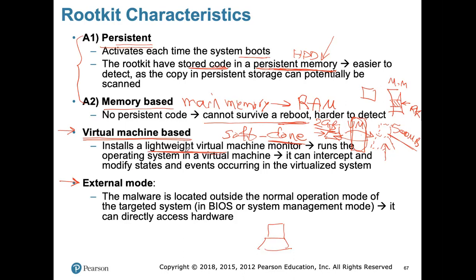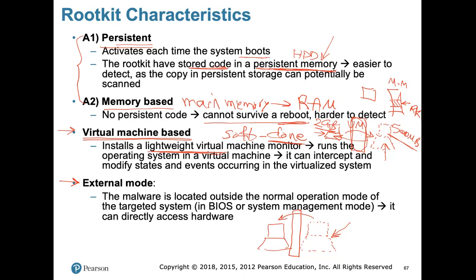But they install a lightweight virtual machine, so they give you a virtualized clone of your computer, and everything the actual user is doing is being done in the virtual environment. And of course, the hacker sits here in between, and whatever you want to do, the hacker now can access, modify, bypass some of it, and, for example, intercept some of it.